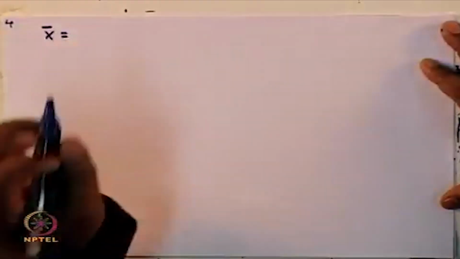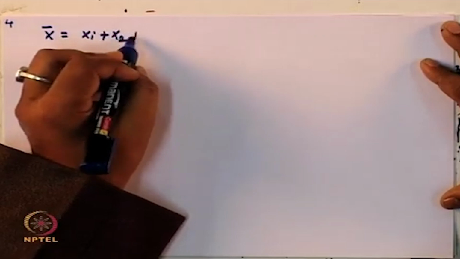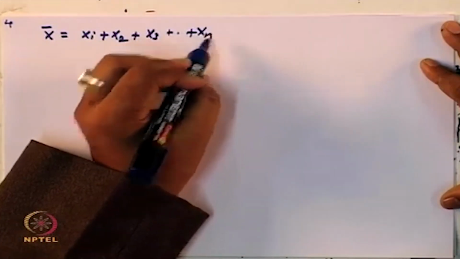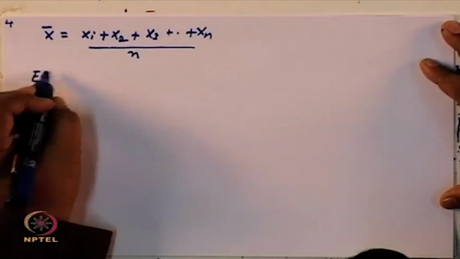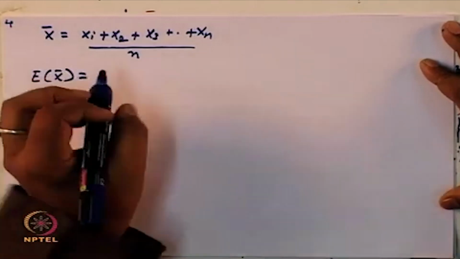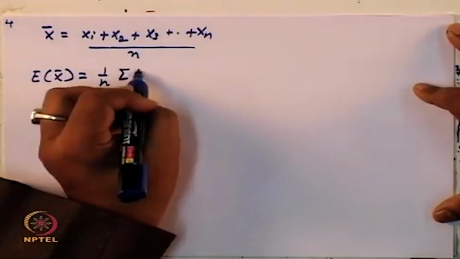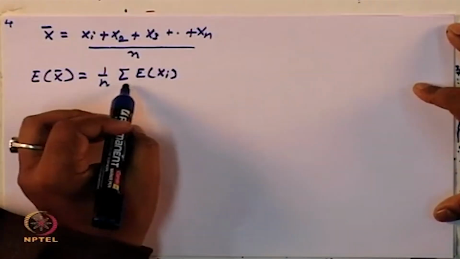So, for doing that, if I define x bar as (x1 plus x2 plus x3 ... plus xn) by n, then E of x bar can be given by 1 by n summation E of xi.